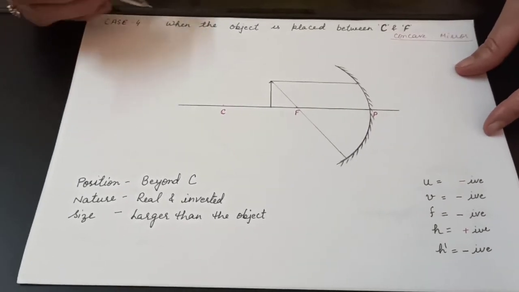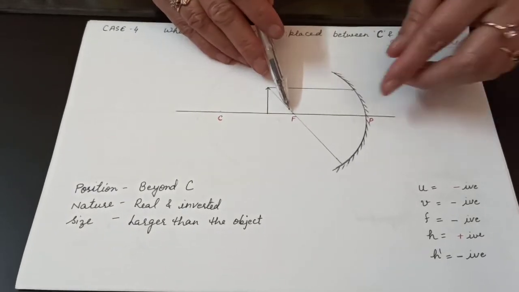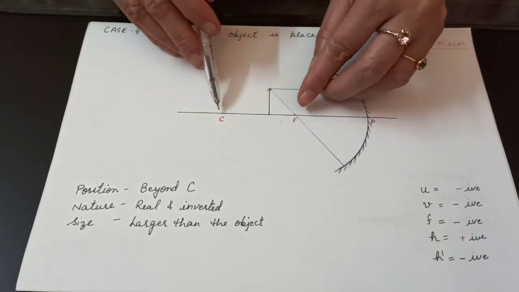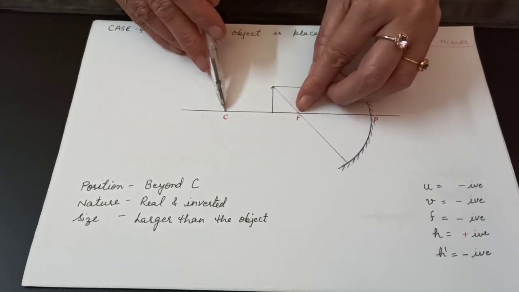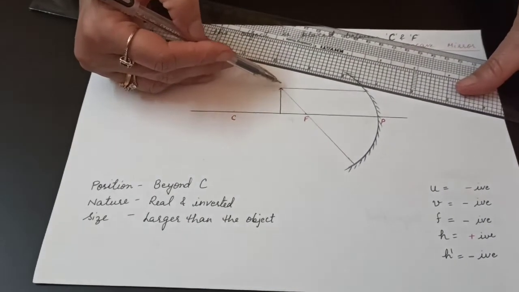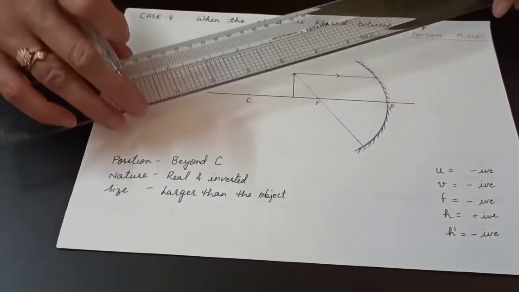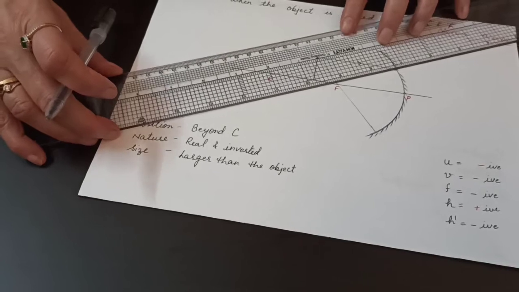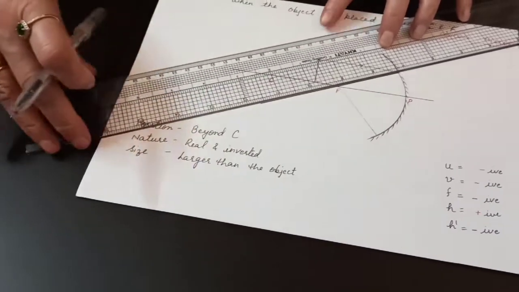Now case 4 children, when the object is placed between C and F. This is C, this is F. The distance between the pole and focus should be exactly equal to the distance between focus and center of curvature. Always remember it. We have taken, this is the object, the ray parallel to principal axis bends towards principal axis in such a way that it passes through focus.